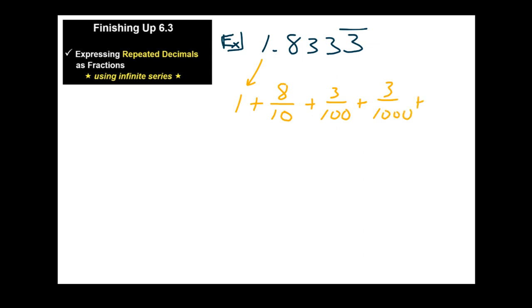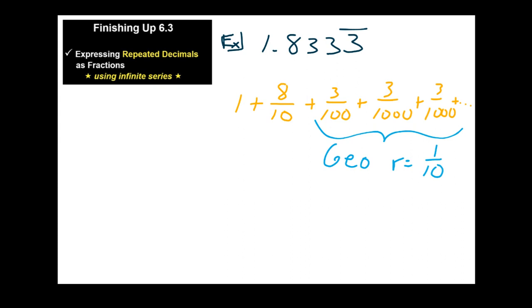Now, do you see that we're getting to the part of the problem that's starting to repeat? 3 ten-thousandths, and so on. So it's this part of the problem that appears to have the pattern that appears to be geometric. Yes, it's geometric with an R value of 1 over 10.